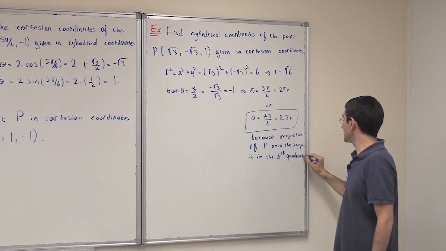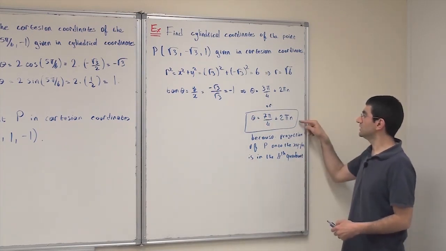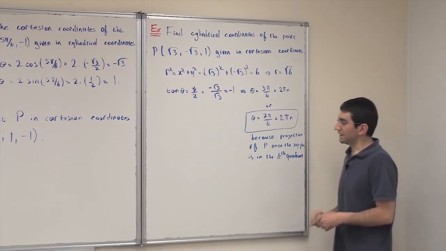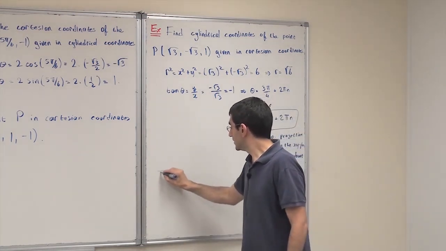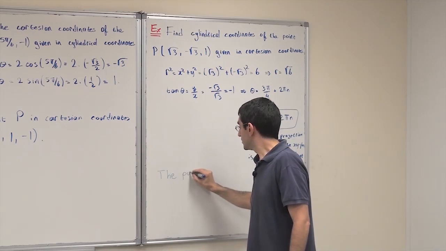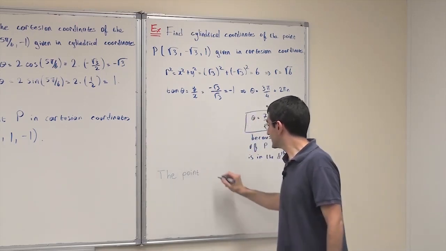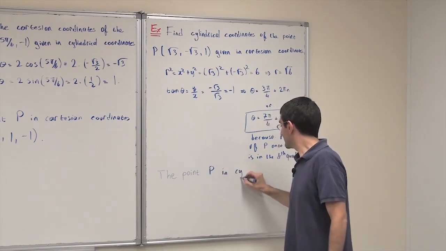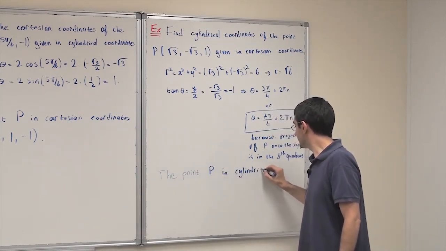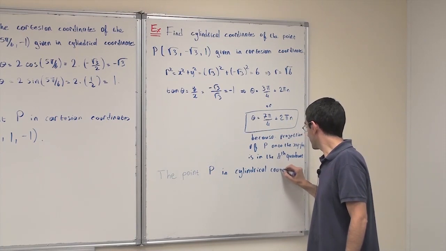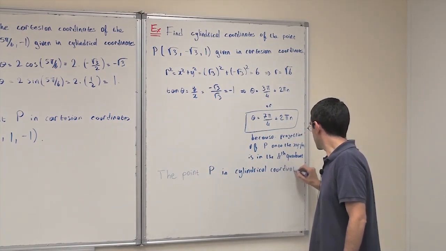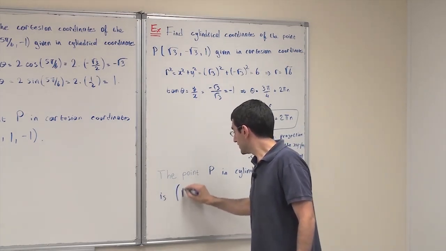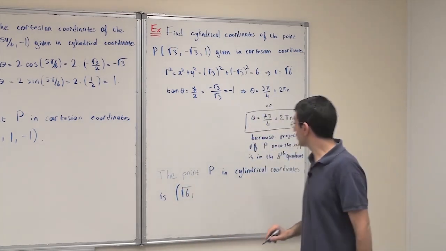So we choose a solution in the fourth quadrant, and therefore the point P in cylindrical coordinates is root 6, that's for r.